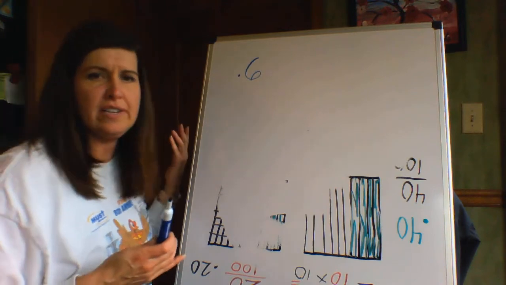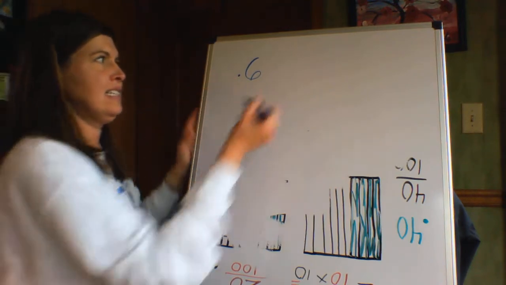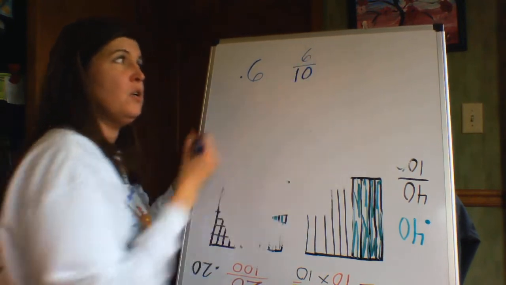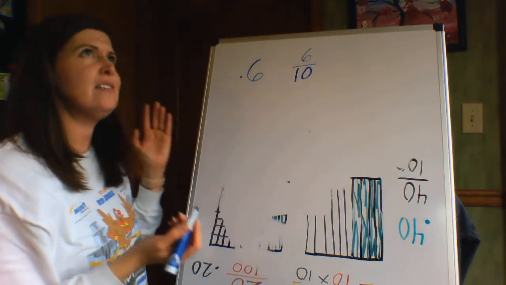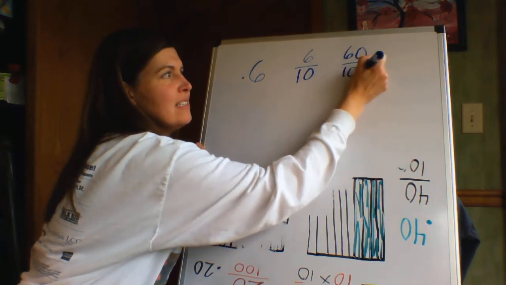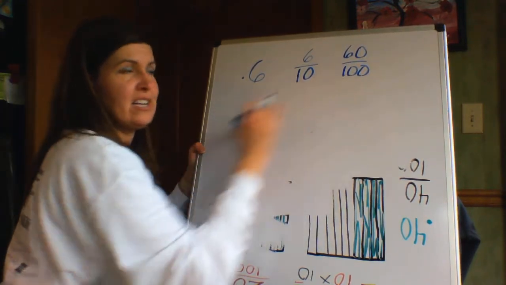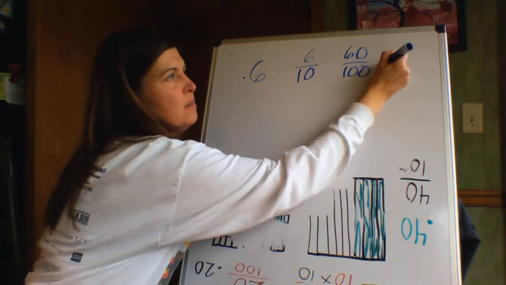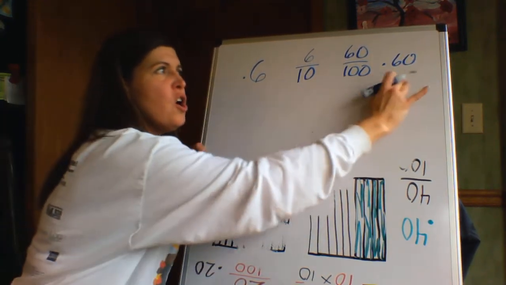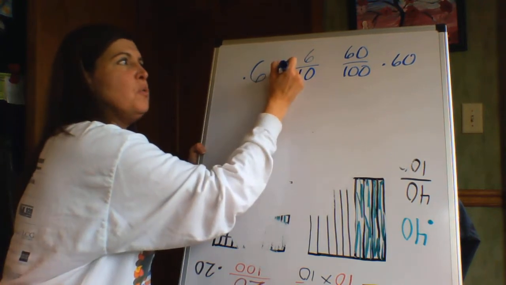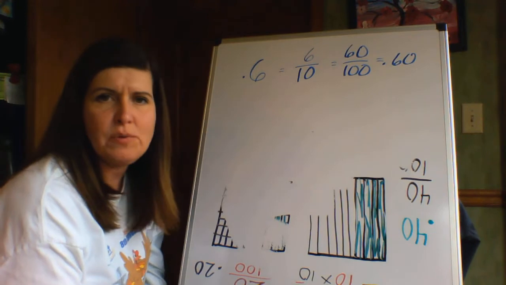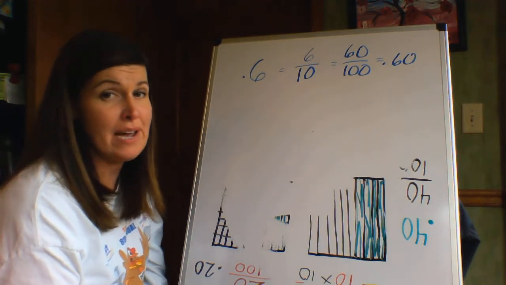Let's say it out loud. What is that? That's 6 tenths. What's another way that we can show 6 tenths? We just did that. 60 hundredths. What's a way that I could show that as a decimal? 0.60. So these are all equivalent and different ways that we can show the same amount.